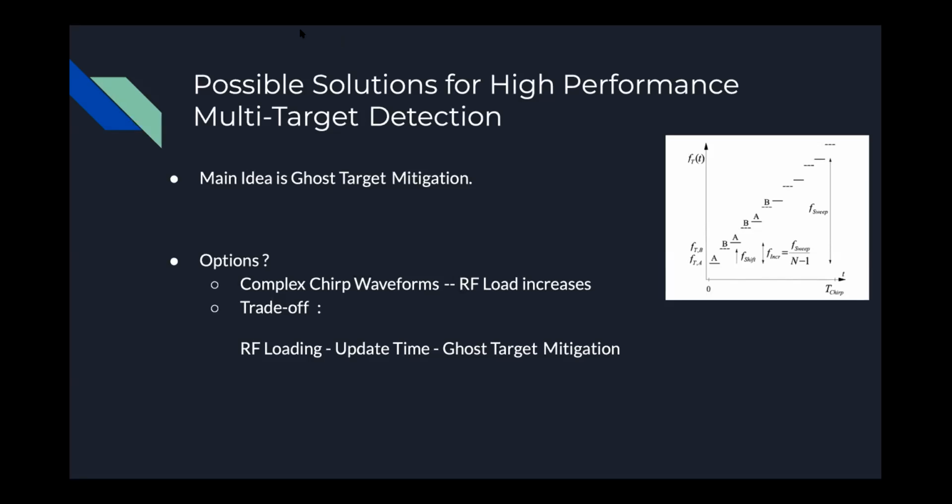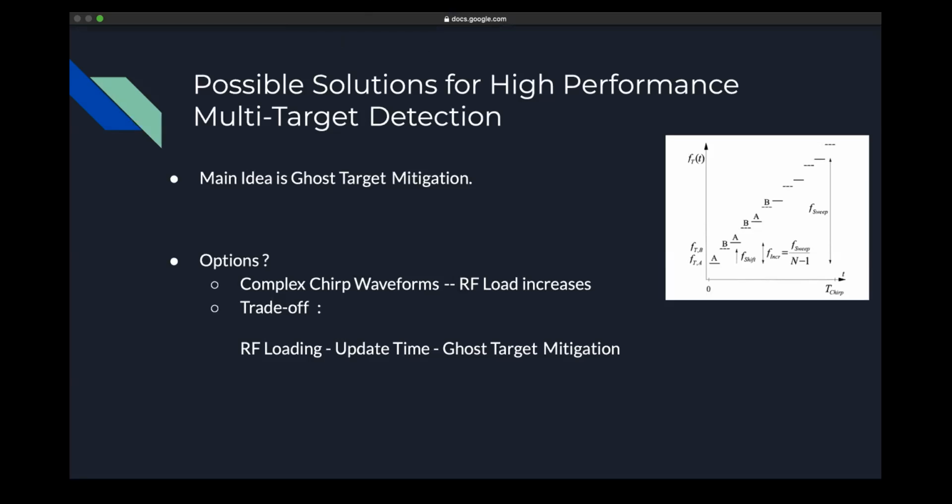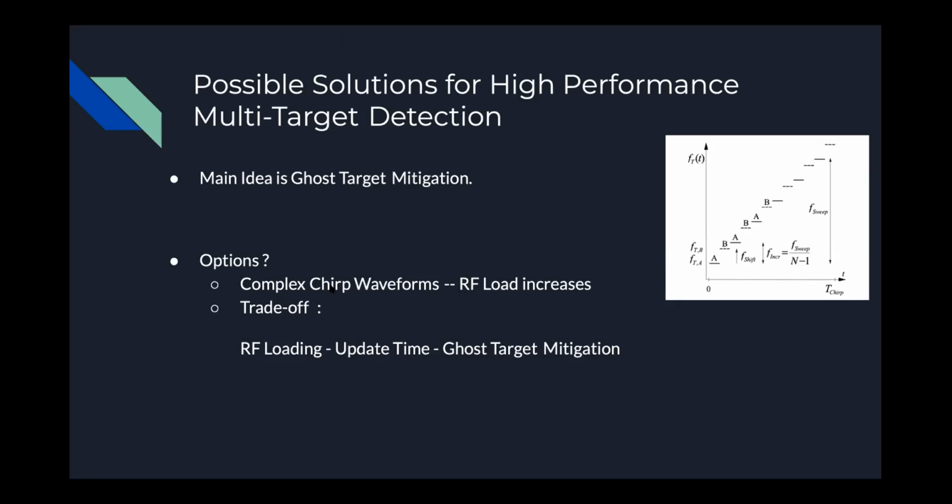So now, some possible solutions for high performance multi-target detection. The main idea is ghost target mitigation and also clutter reduction, as well as higher update time, because we need faster updates in many automotive applications. So what are some of the possible options?